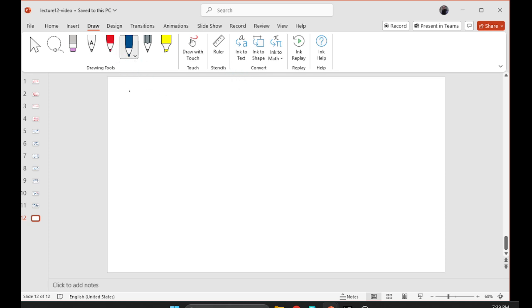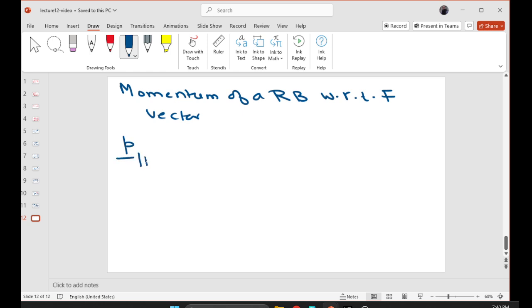The next definition I want to introduce here, as we prepare ourselves to start the topic of kinetics, is the momentum of a rigid body with respect to frame F. Momentum is a vector quantity and it is defined as an integral, where again this integral is over the entire RB of interest.